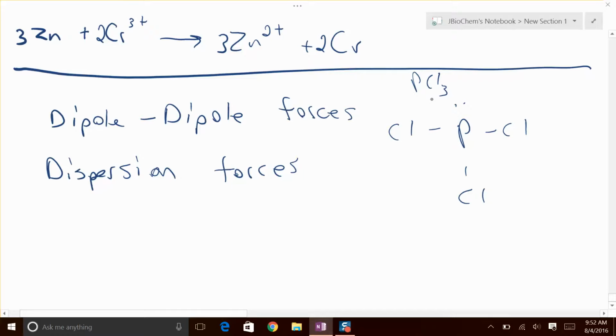And those dipole forces are affecting the boiling or melting point, because if you have polarity, you're going to have higher melting and boiling points than something similar that is not polar. Like PCl5. There's no PCl4, sorry, but a PCl5, there is.